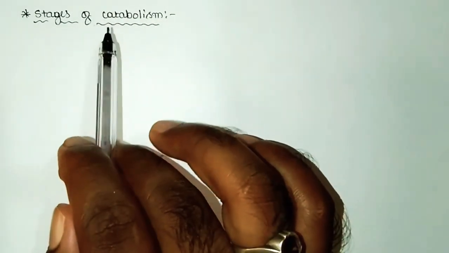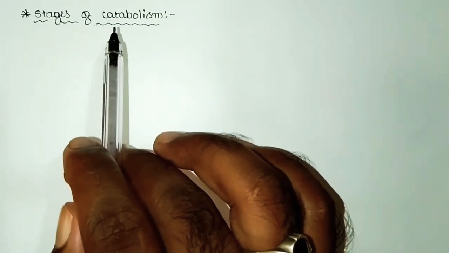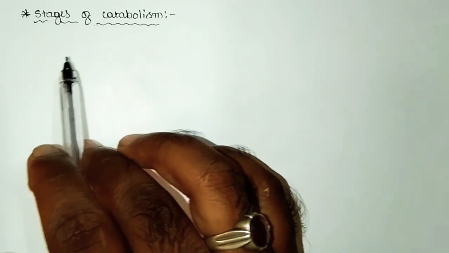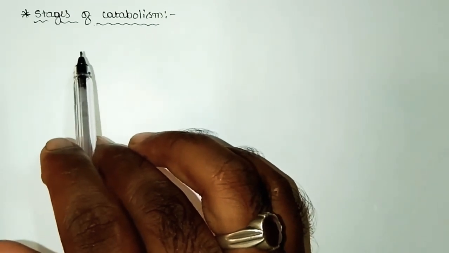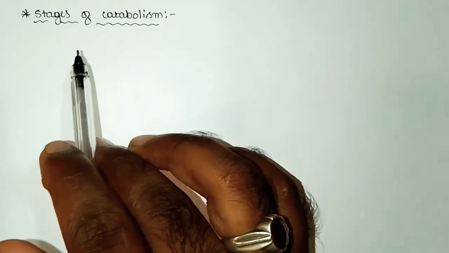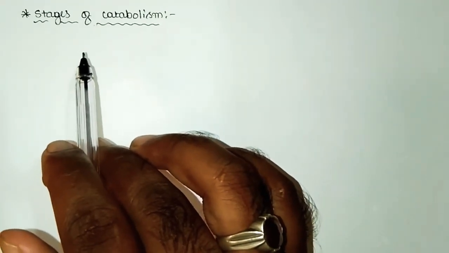Before going to that, till now we have given the basic stuff regarding metabolism and the types of metabolism. One question that comes to our mind: why should we learn, why should we understand the metabolic pathways that actually happen in a living system, especially for humans?